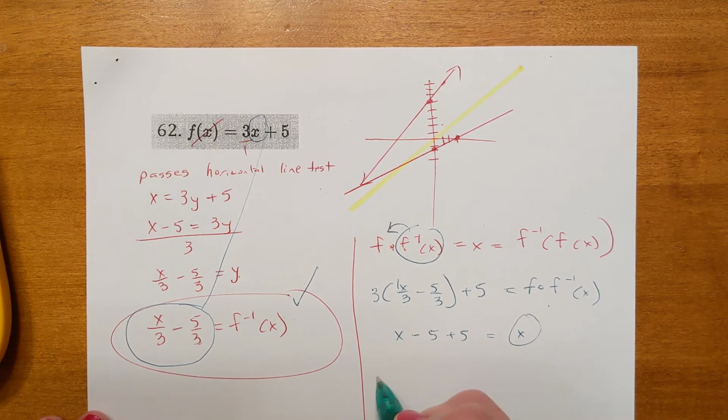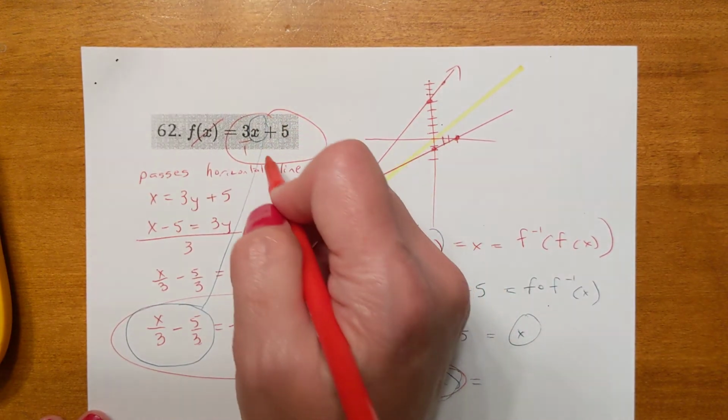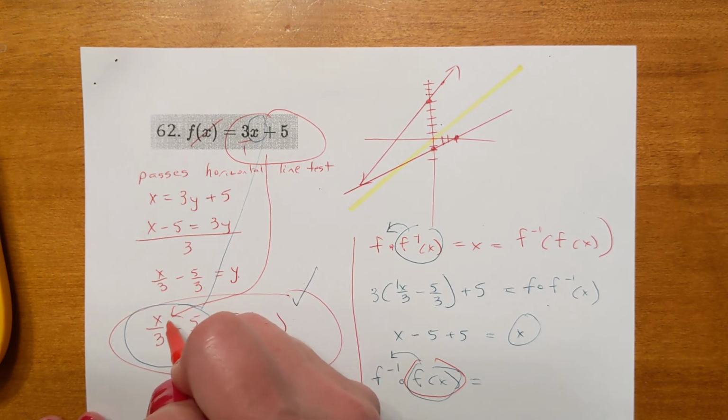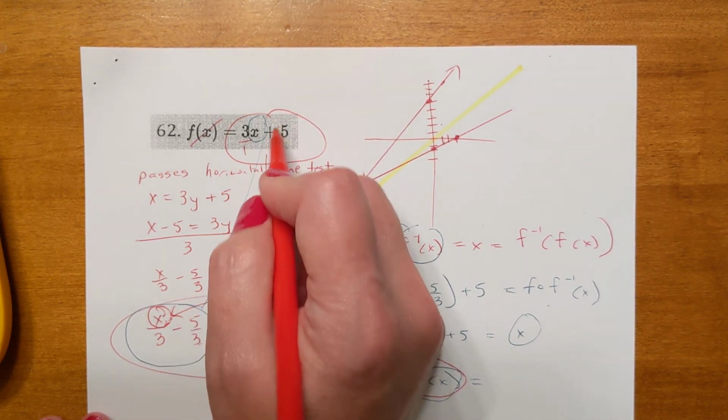Then we have to do also f inverse of f. So that means that we're picking up f and putting it into f inverse. So I'm picking up f right here, and putting that chunk into f inverse. So putting it in here, x becomes that.